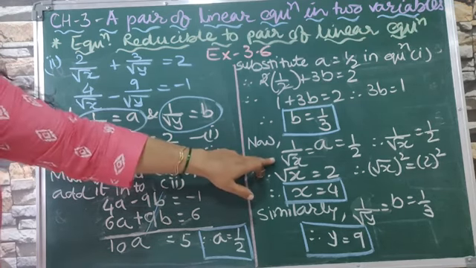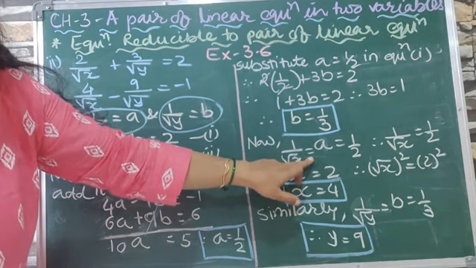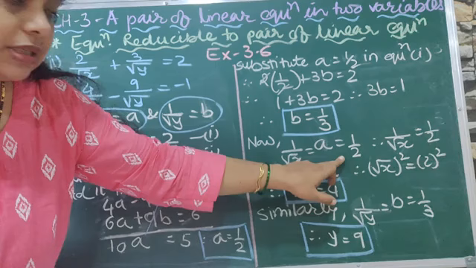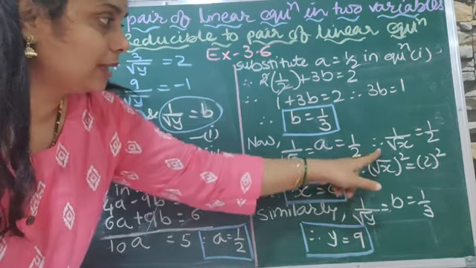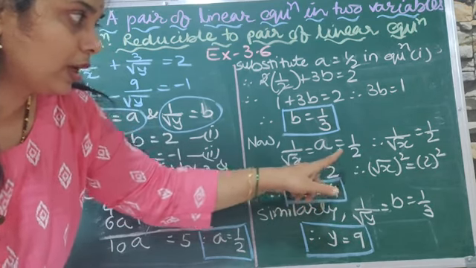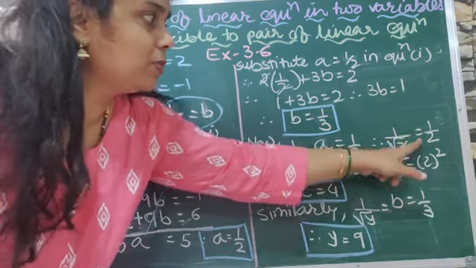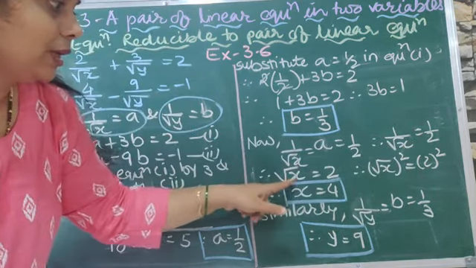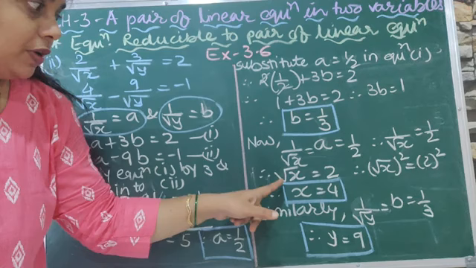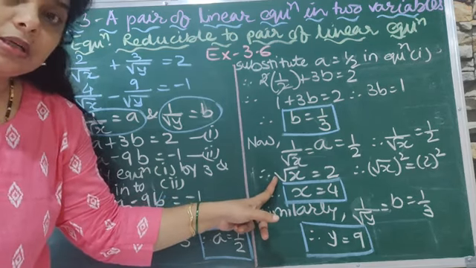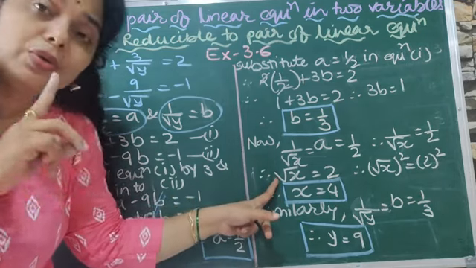As you know, we assumed that 1 by root x is equal to a, which is half. See the calculation carefully. Therefore 1 by root x is equal to half, and if we do a cross multiplication, we can say root x is equal to 2. We do not stop here because we want the value of x, not root x.